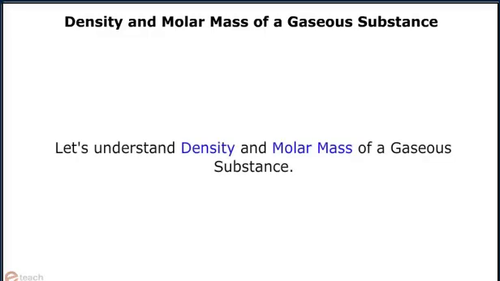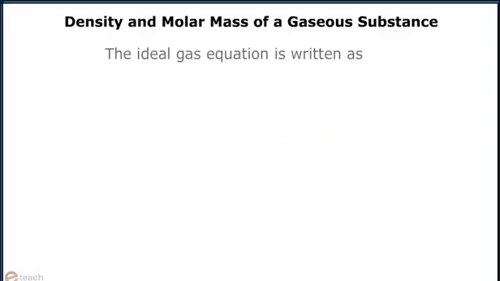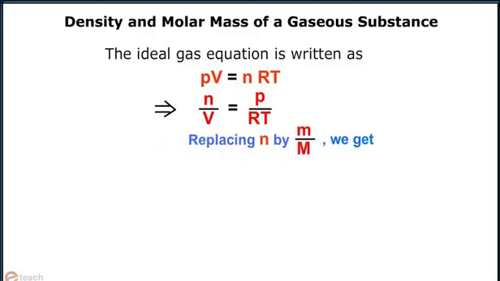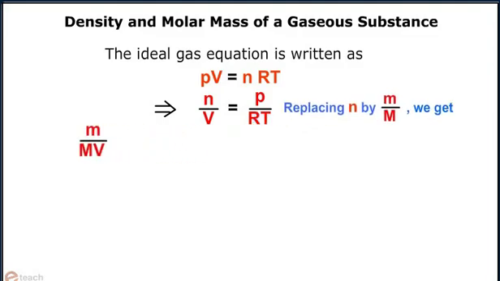Let us understand density and molar mass of a gaseous substance. The ideal gas equation is written as PV equals nRT. This implies n by V equals P by RT. Replacing n by m by capital M, we get m by capital M V equals P by RT.